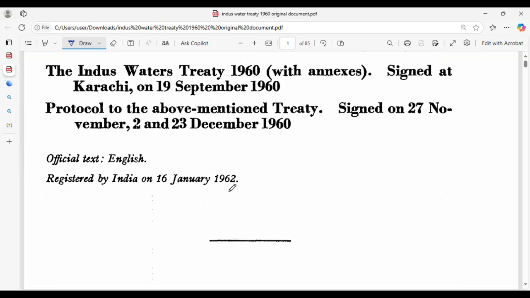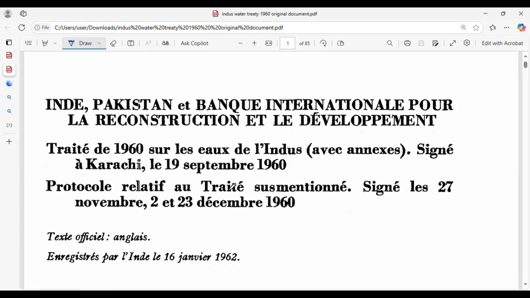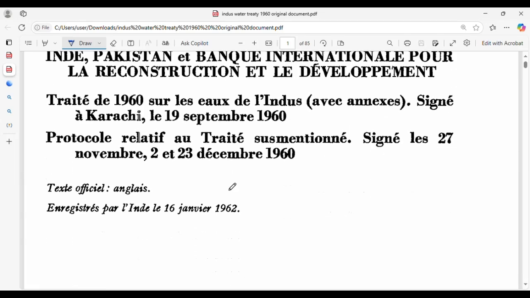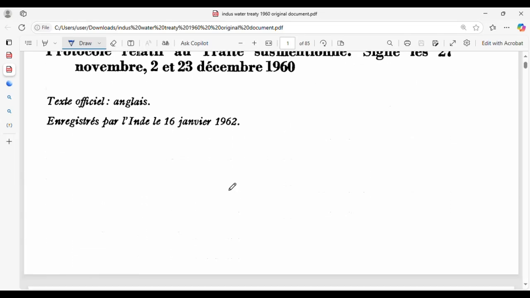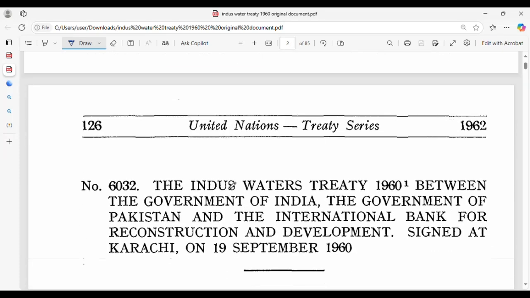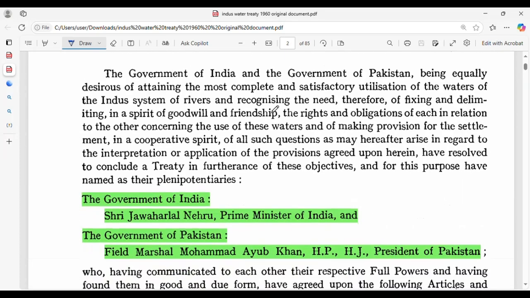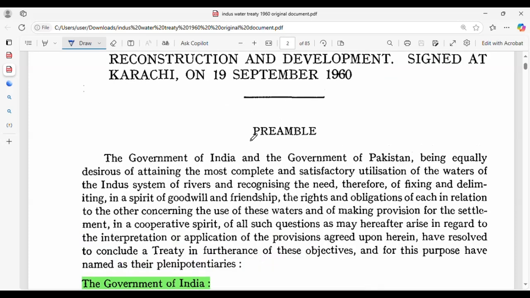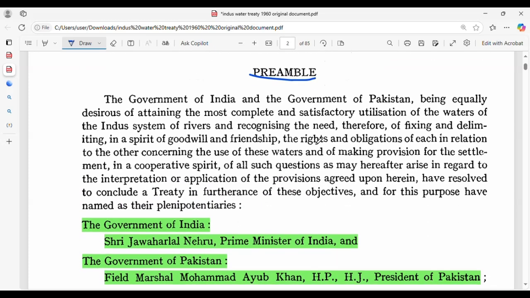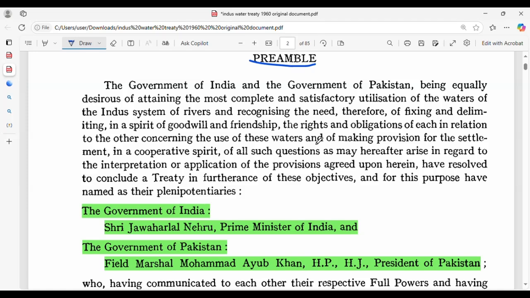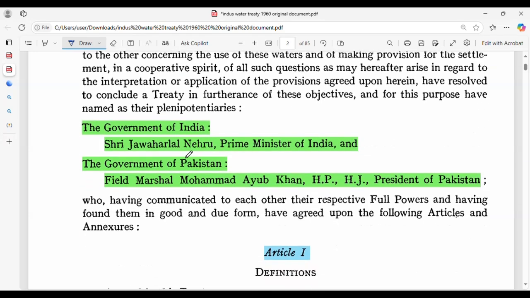It is like a constitution in itself. First, we have a preamble where they discuss what the terms mean and between which countries this treaty is signed.